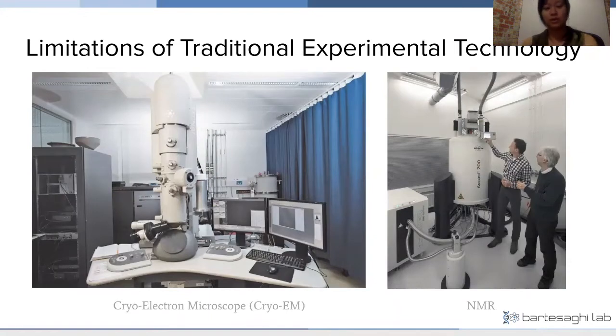So first of all, there is Cryo-EM and NMR, and these are traditional approaches which use isolated and very purified samples of the target protein or target macromolecule in order to determine their structure, either through imaging or through their chemical components.